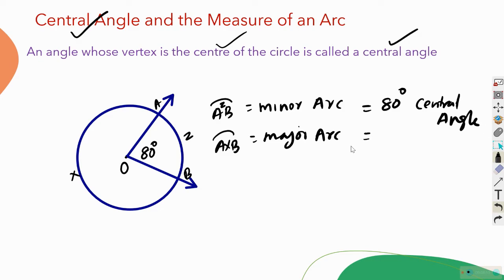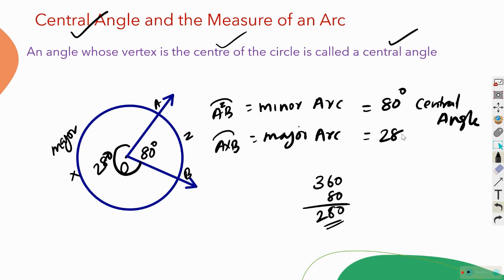The same way, we know that the total is 360, and here this is the major part. If I subtract 80 from 360, it will be 280. I'll write this angle is equal to 280, so here it will be 280.